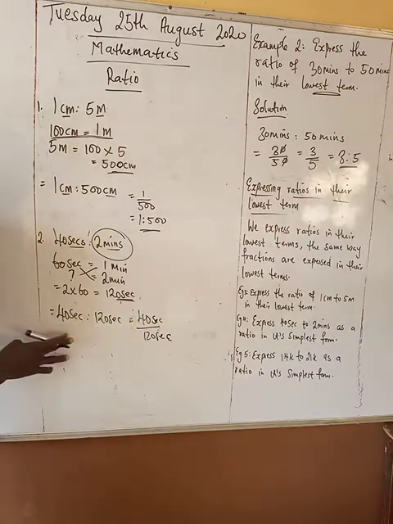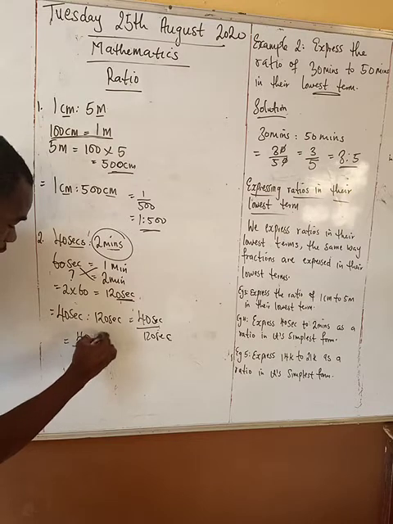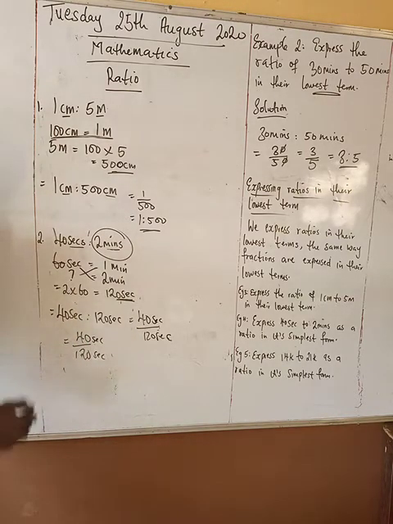This and this are actually the same thing. So what you do now is write 40 over 120. Then you reduce this to the lowest term.